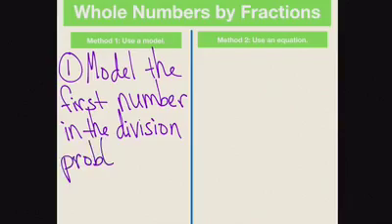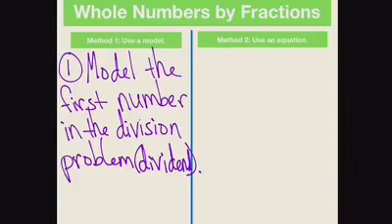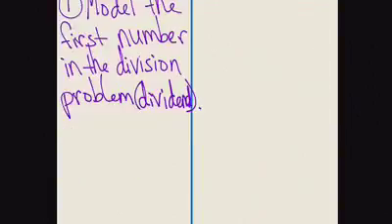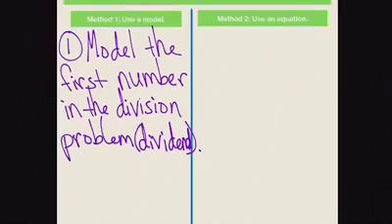And remember, that first number is called the dividend. Okay?